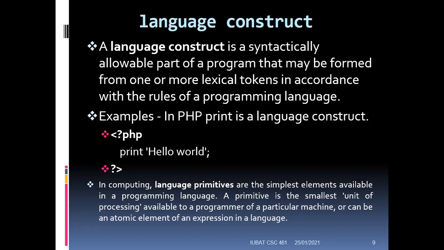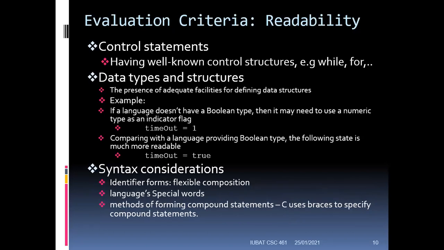So what they are trying to say is that when you have multiple options, whether it's for a control statement, that is if else, loop, or data types and structures, syntax consideration, always go for the simpler approaches. If you're using if else, try to use a well-known control structure. For example, between if else and switch, both are control statements, but if else is more popular.